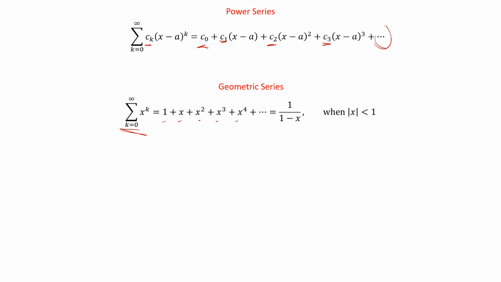And then if we remember the sum from last chapter, the sum of a geometric series is a over 1 minus r, but in this case a is 1, so it's just 1 over 1 minus x, as long as the absolute value of x is less than 1.